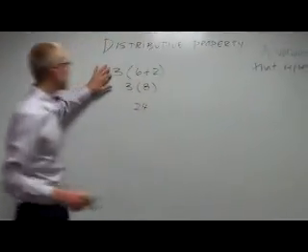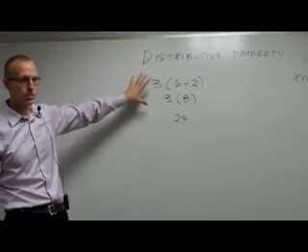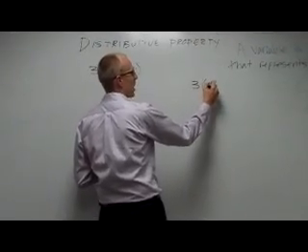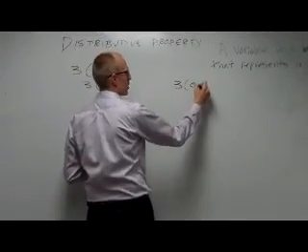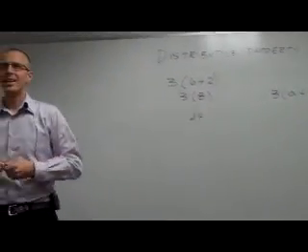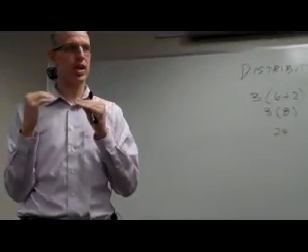So if I rewrite this using a variable, and I say I have 3 times (a plus 2), now if you try to add what's inside the parentheses, does it work anymore?